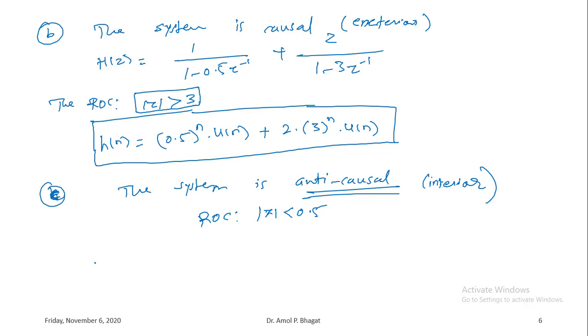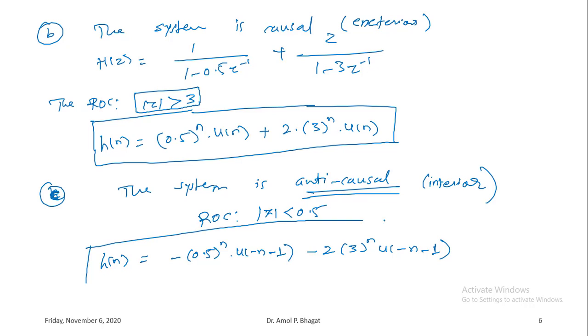So here I can write h of n directly as h of n equals minus 0.5 raised to the power n into u of minus n minus 1. Again here a minus sign will be there, so minus 2 into 3 raised to the power n u of minus n minus 1. Here you can take the minus sign and u of minus n minus 1 common if required, or you can keep this as it is.